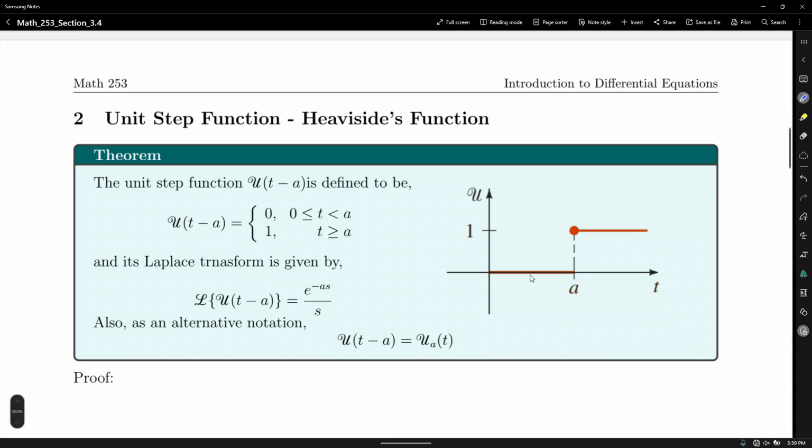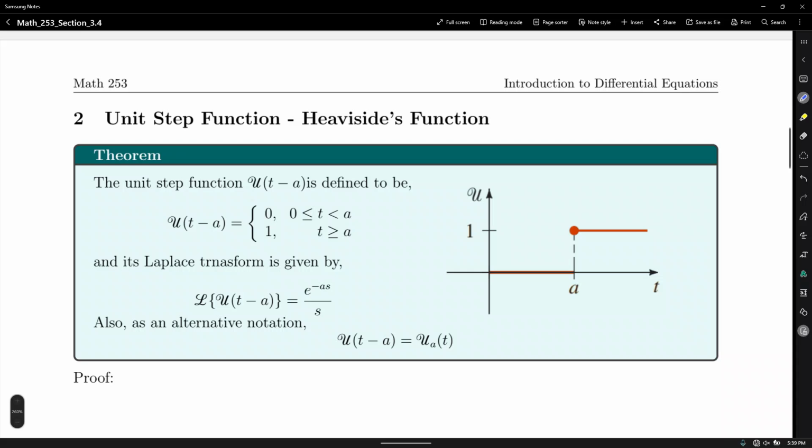A unit step function denoted with this fancy u of t minus a is defined in the following way as a piecewise function. It has a value of 0 between 0 and a, and then it has a value of 1 for that particular value inclusive and on.